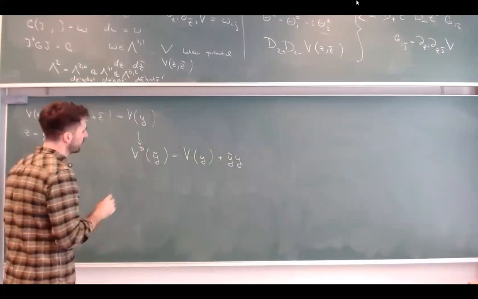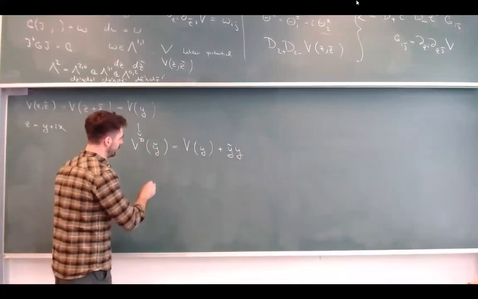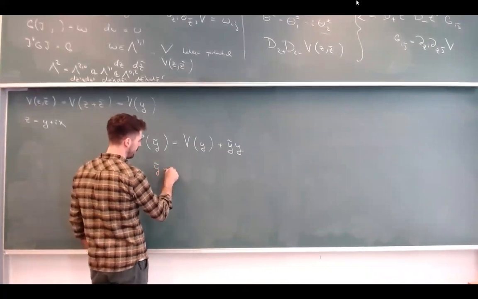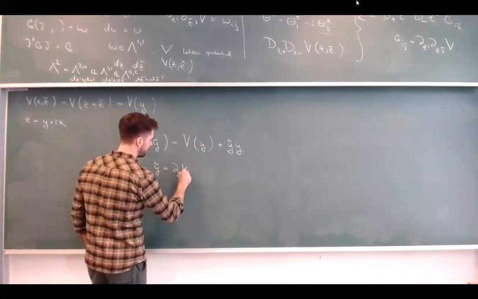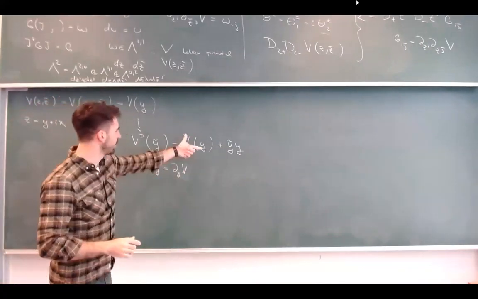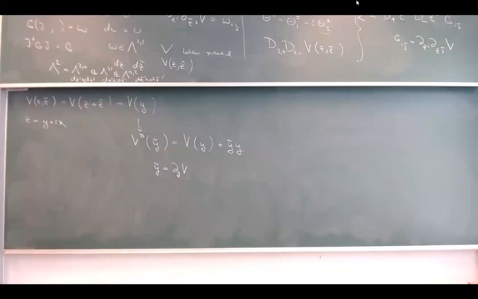Here I write this phi in terms of the derivative of V and plug it back in, and then I take this Legendre dual of V. So that's the recipe.